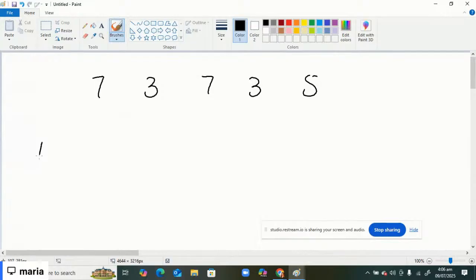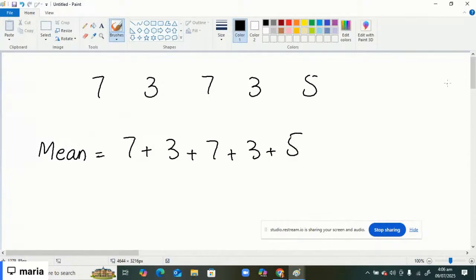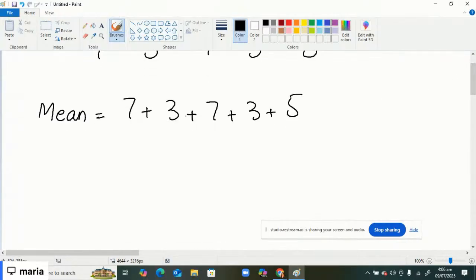So first of all, what is the first step to finding the mean? We are going to find the mean. So 7 plus 3 plus 7 plus 3 plus 5. Let's count it all together: 10, 10 and 15. So this is total 15.